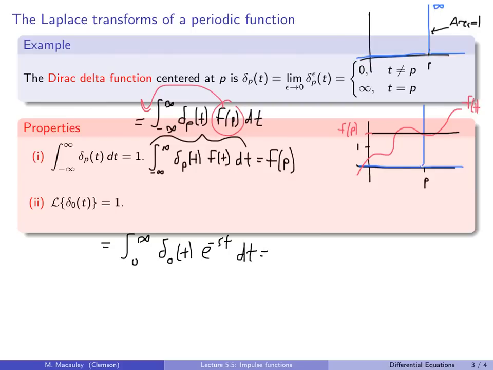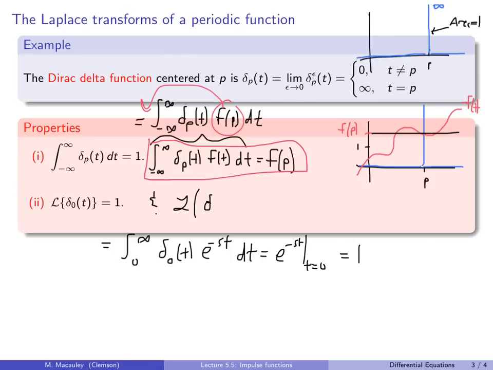By this property right here, I think this is important enough that I actually want to box it, this integral is just equal to e to the minus st evaluated at t equals 0, and that's obviously 1. Isn't that neat?